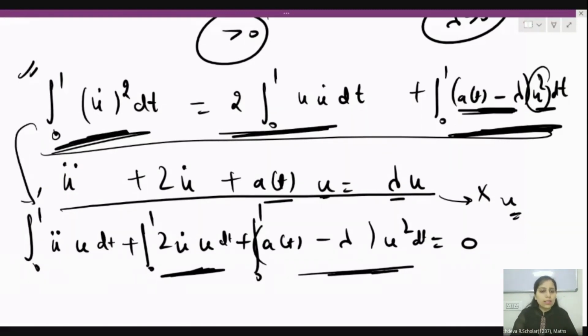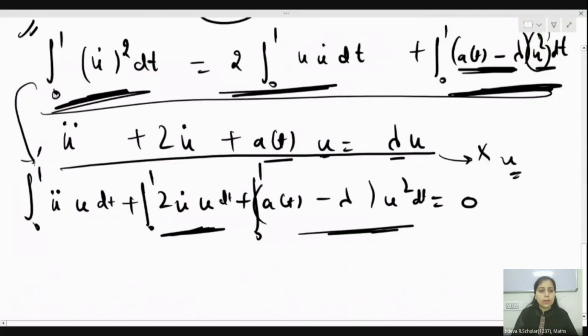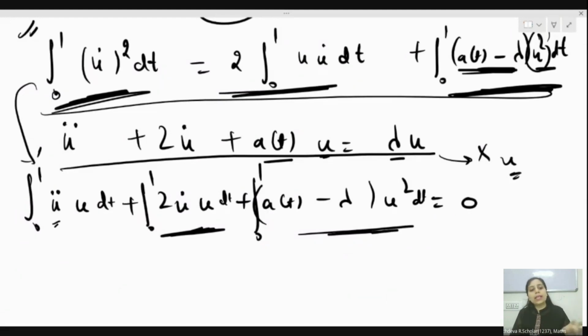So solving this, the only way to solve further, here we can see we have to cancel the double derivative and make it a single derivative. How can we do it? We can integrate this, as this is extra differentiation. It is a 2-time derivative and we want only a 1-time derivative. So integrate this one. How can we integrate? Integrating by parts, taking it as first function and it as second function.